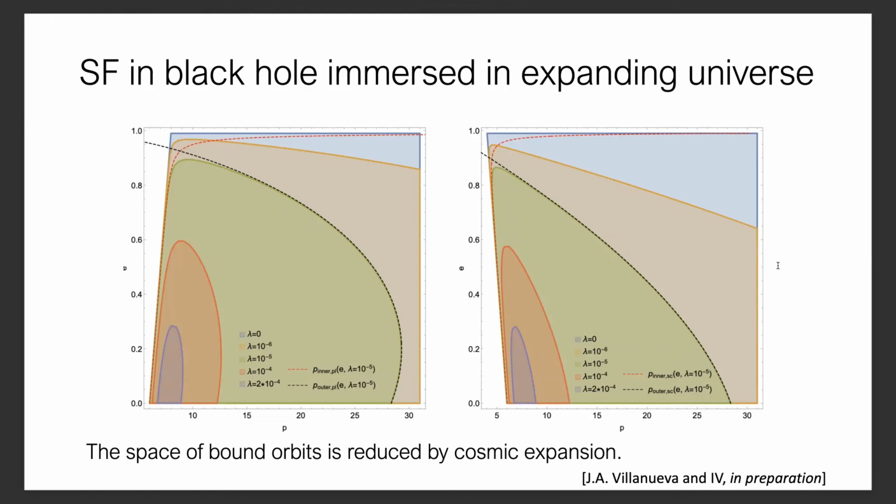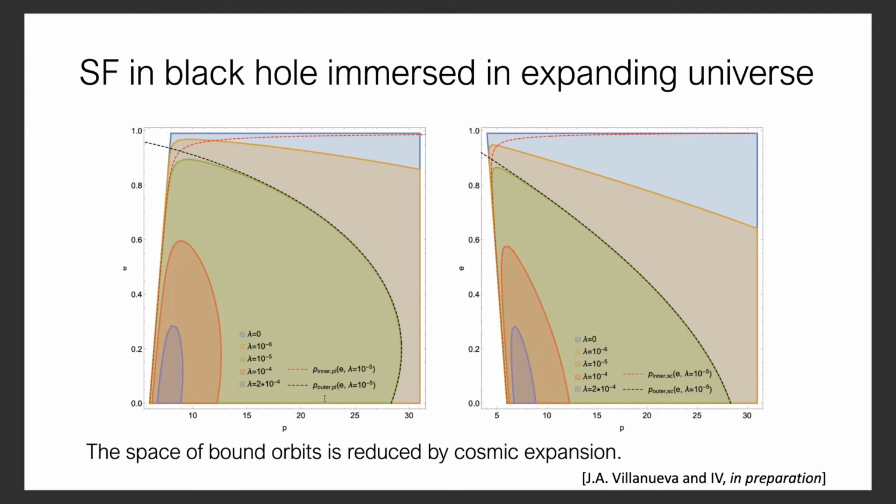But one of the interesting results from our work is that you get the space of bound orbits reduced because of the cosmic expansion, because of this additional term in the metric. This is very similar to the eccentricity and semilatus rectum plots that I showed you earlier. Again, bound orbits are represented as approximate ellipses that evolve in time. If there were no cosmological expansion, then this straight line that you see here is what represents the separatrix, and all points to the right will represent bound orbits.